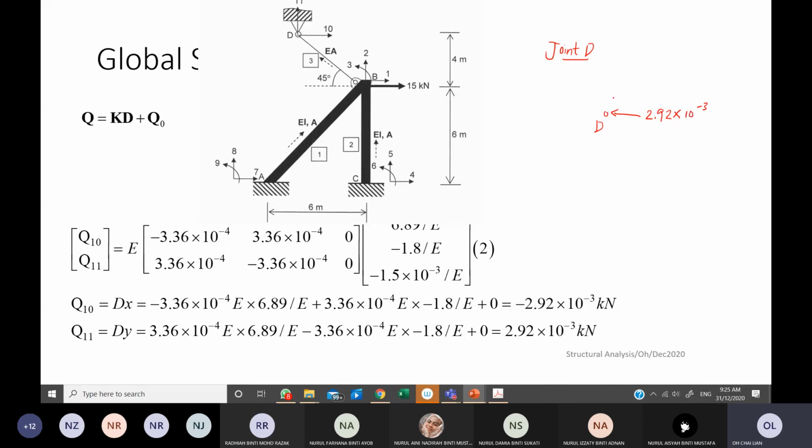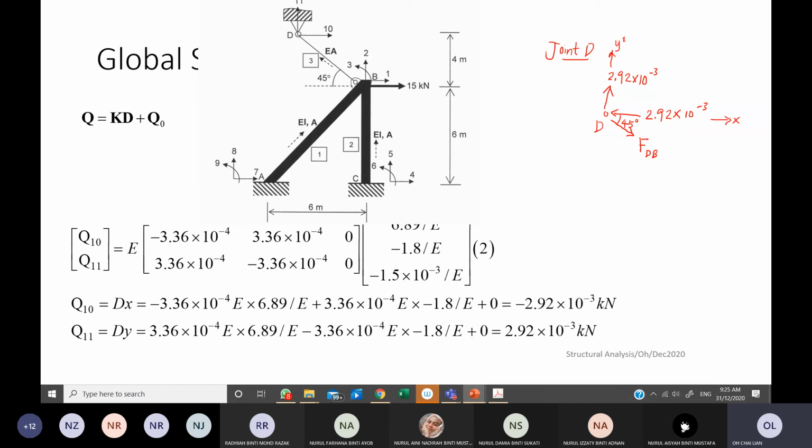Then Q11 is positive, so it's going up, 2.92 power negative 3. Then this will be FDB. We make an assumption of tension first. If you get a negative value later, it means you have compression. This is 45 degrees. Now this is X direction, this is Y direction.